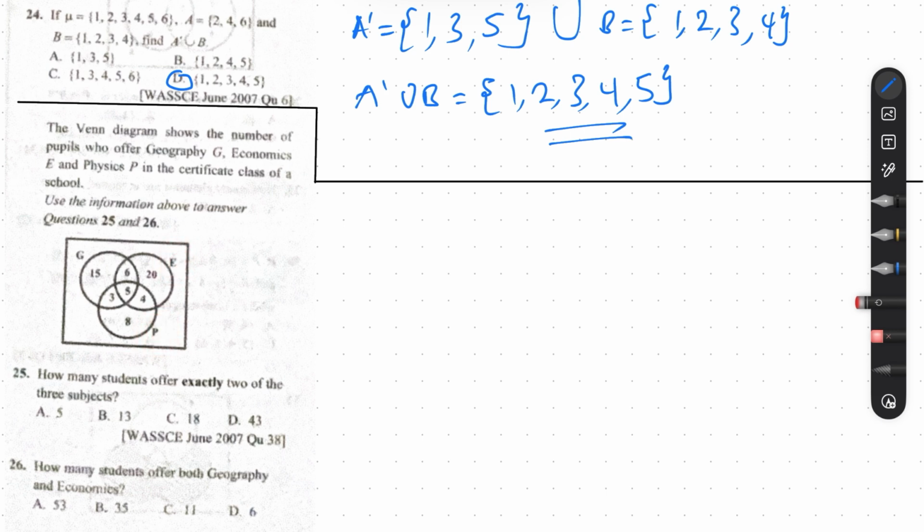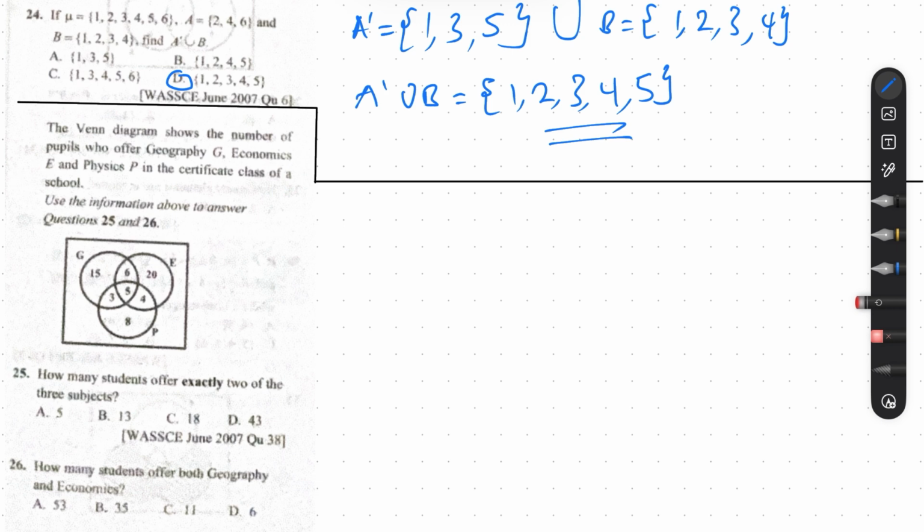How can we find those elements? Those elements are represented by these three regions. Those 3 regions are the students that offer 2 of those subjects. Here the 4 represents physics and economics, the 3 represents geography and physics, and the 6 represents geography and economics, right?